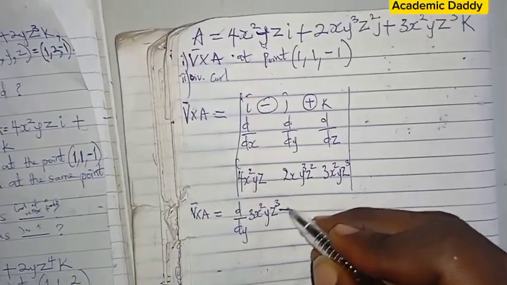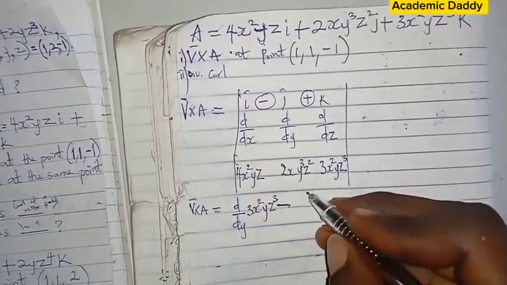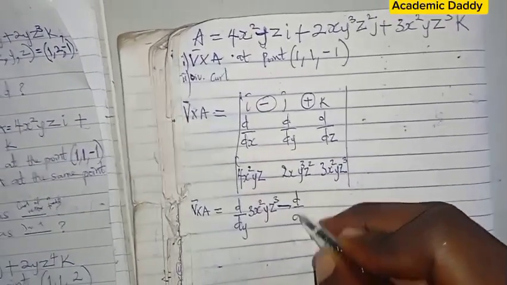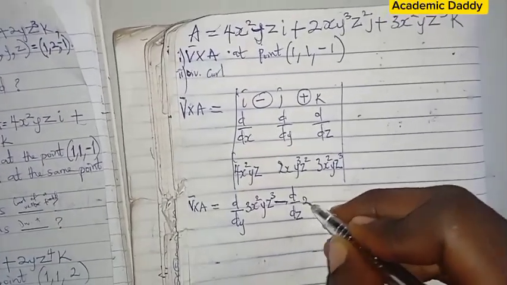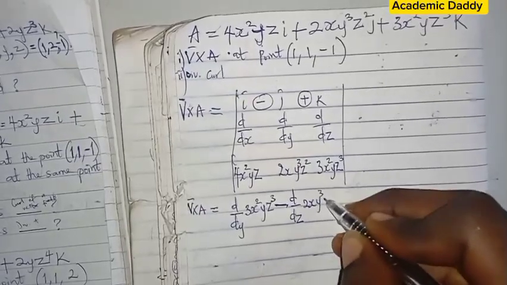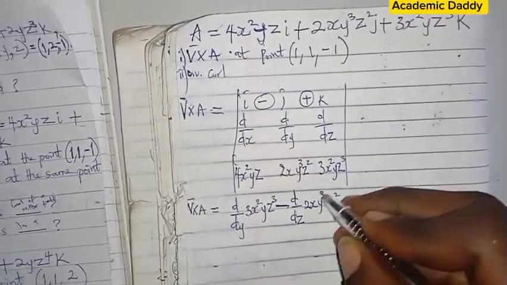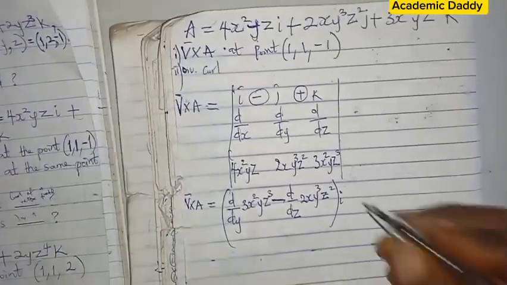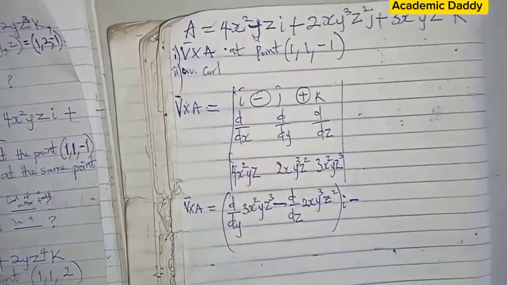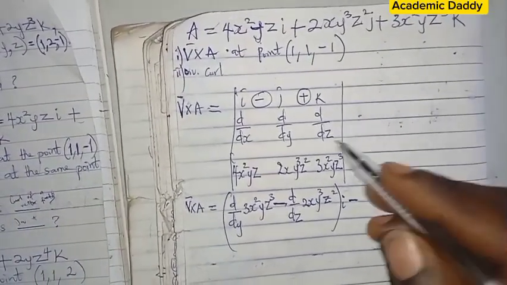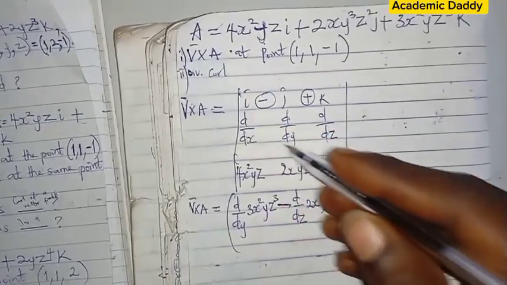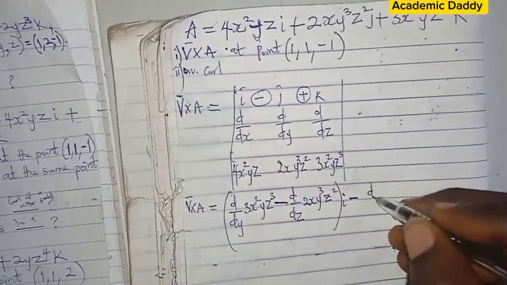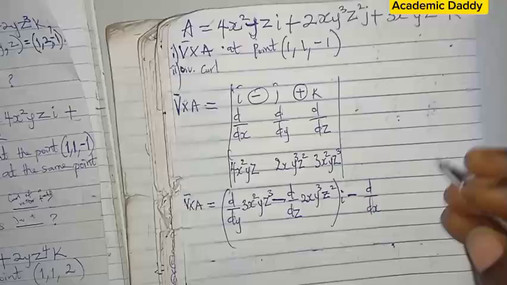So minus d/dz of 2xy cubed z squared i, then minus for j, remember the formula.